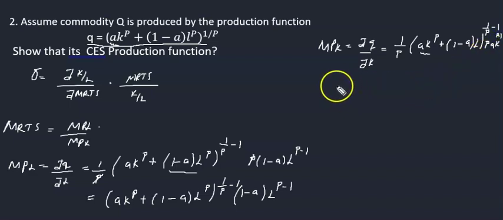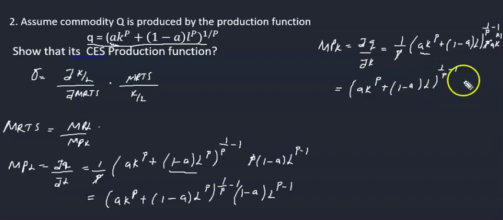I know it's not clear, I'll just copy the things here, but we can see that P and P are cancelling, so we'll have A K to the P minus 1. So this can be seen now: this power is just to the K, as well as here the power is just to the L, not the constants.